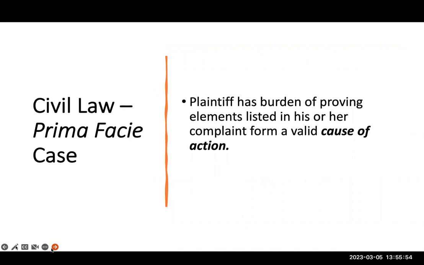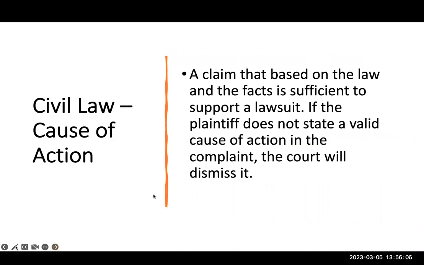In a civil law action, the plaintiff also has the burden of proving their case, and they do that by proving the elements of the case pursuant to a cause of action. A cause of action is defined as a legal claim supported by facts that support a lawsuit. If we don't have a valid legal claim, then the court will dismiss it.